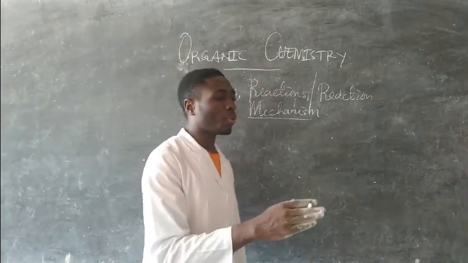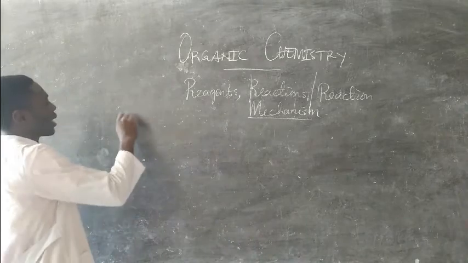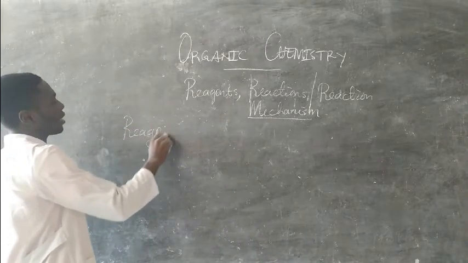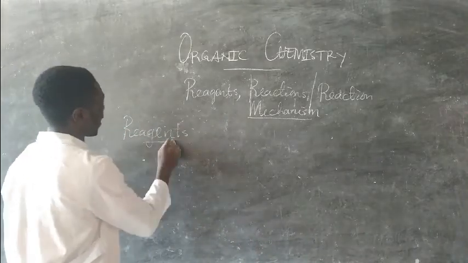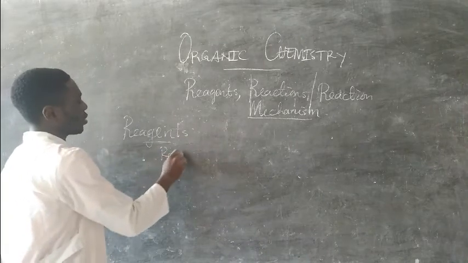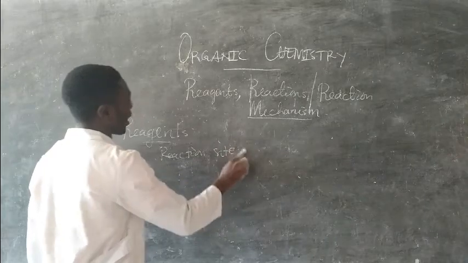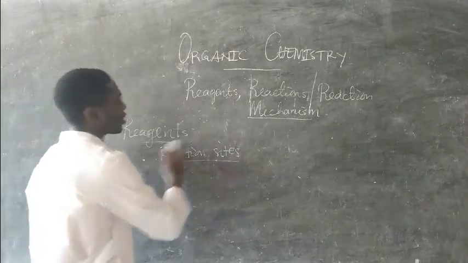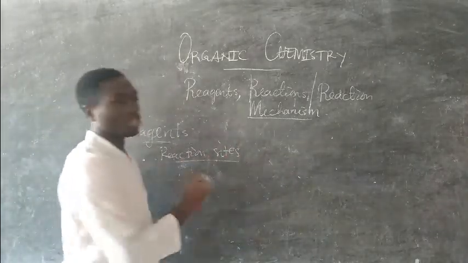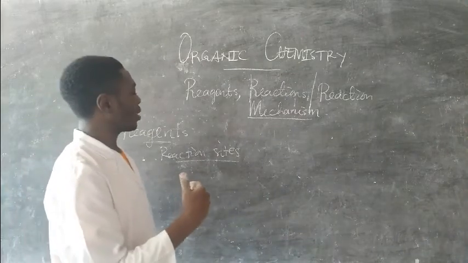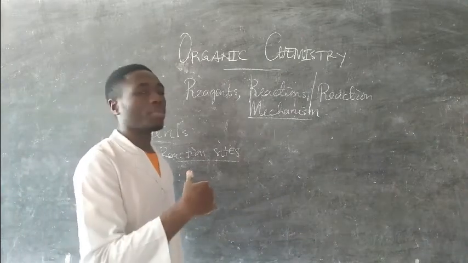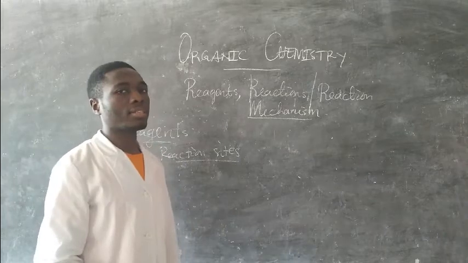And so we can say that reagents are classified according to their reaction sites. Now, what is a reaction site? A reaction site is a region of high or low electron density.